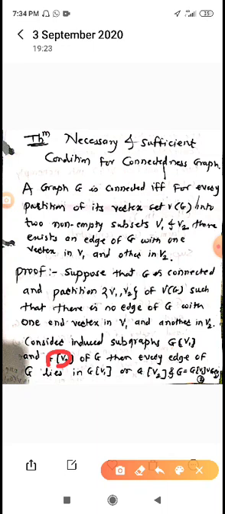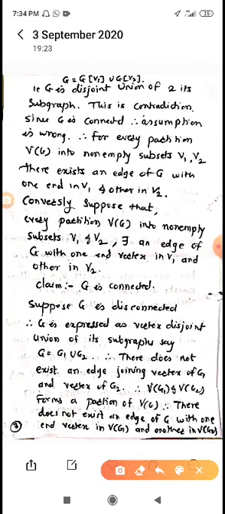Therefore, G can be formed as the union of these two induced subgraphs, that is, G equals G induced by V1 union G induced by V2.